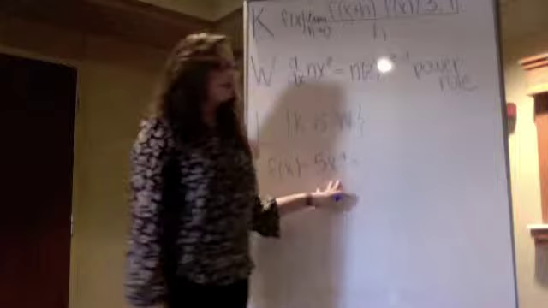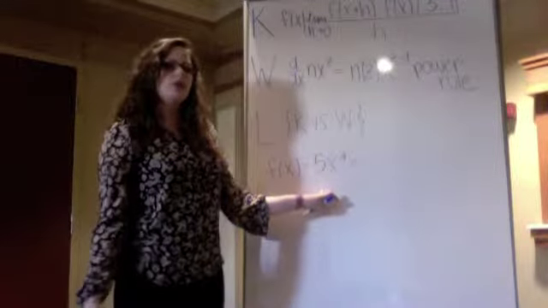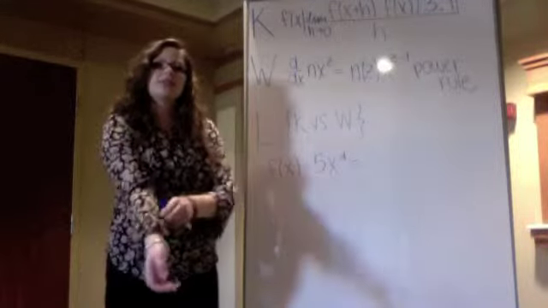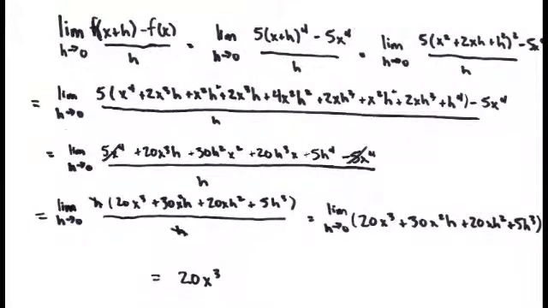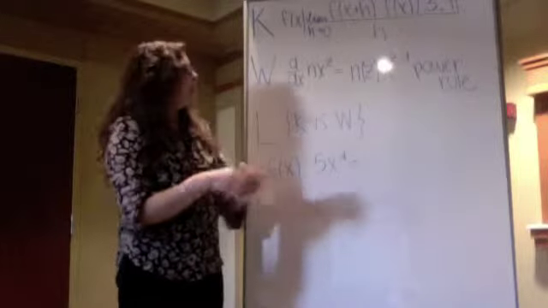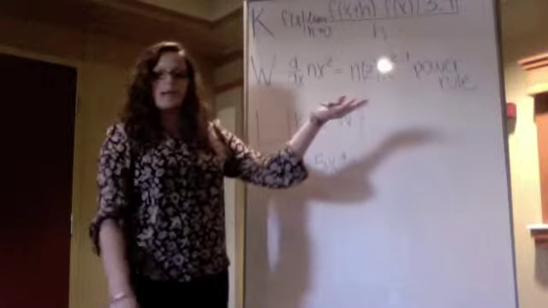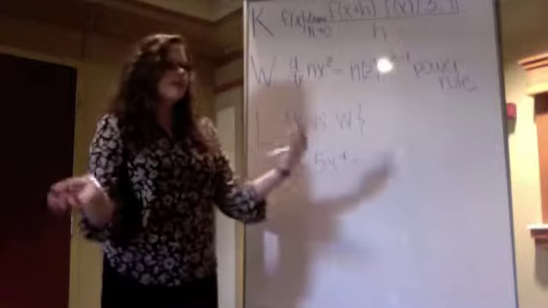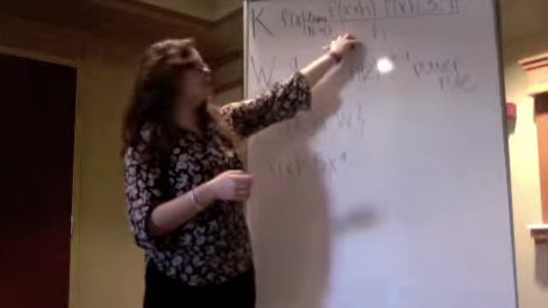Can anybody show me on the overhead what they did with this function? Stephen? All right, so you guys see Stephen's work, and it shows that it is at least 5 lines long, and you can't really simplify that in any way. There's only one way to do this, and there's only one way to plug it into this function.